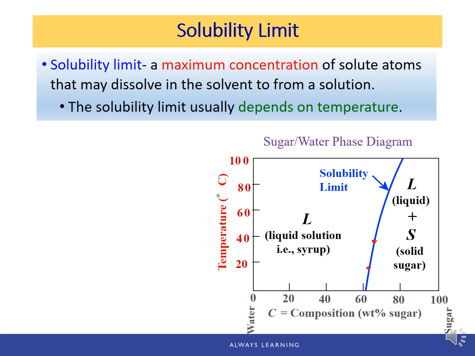As we increase the temperature more and more, we measure different values of maximum concentrations of sugar at different temperatures, and then we connect those concentration points, and this solubility limit line will be formed on the phase diagram.